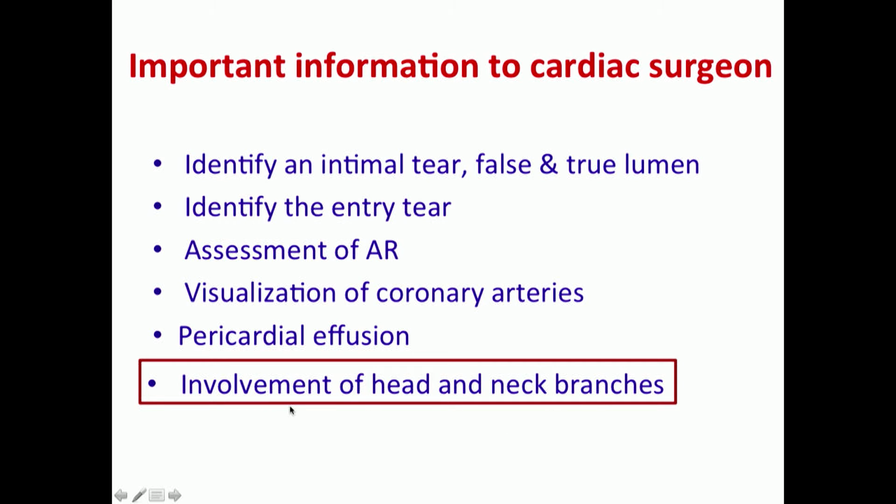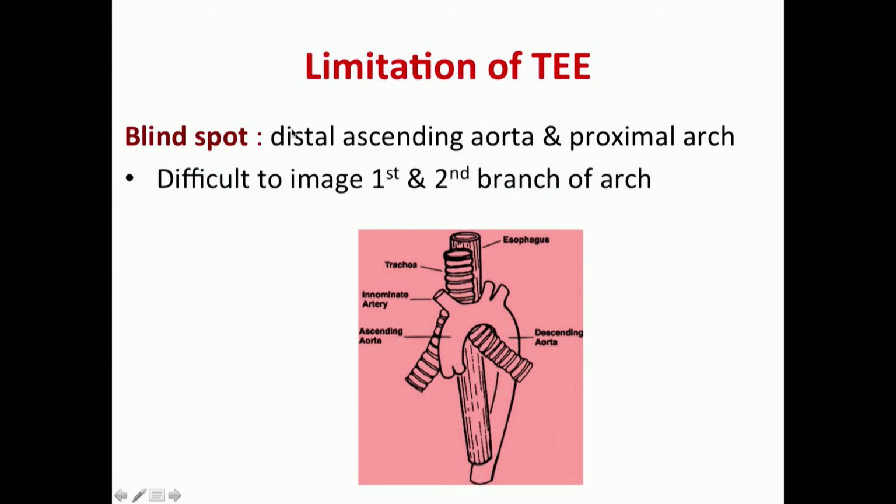In most cases with transesophageal echo, this is not possible because of the blind spot we face in the distal ascending aorta and the proximal arch, because the trachea passes in between the aorta and the esophagus where our probe is.